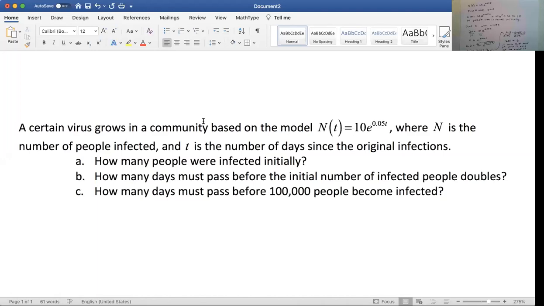How many days must pass before 100,000 people become infected? So find t when N is 100,000. So again, we have our original equation. N of t is 10 e to the 0.05 t. We know that.